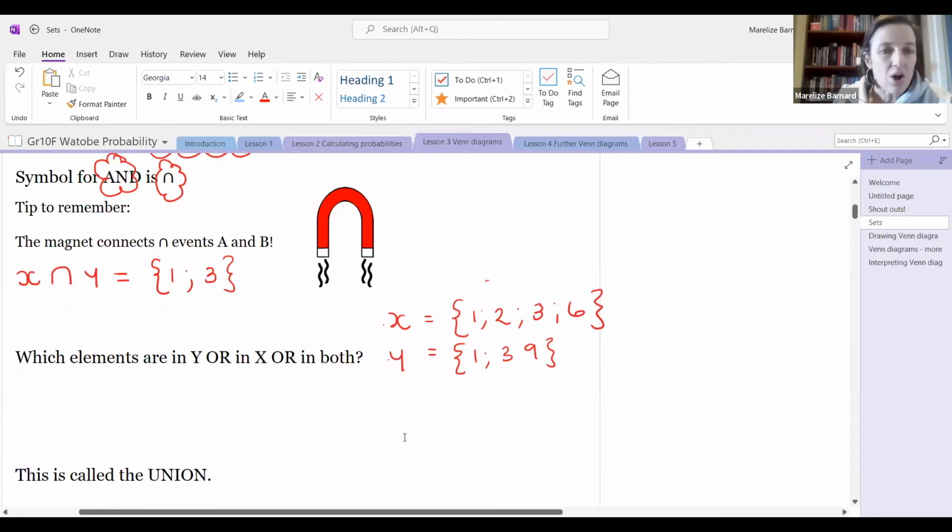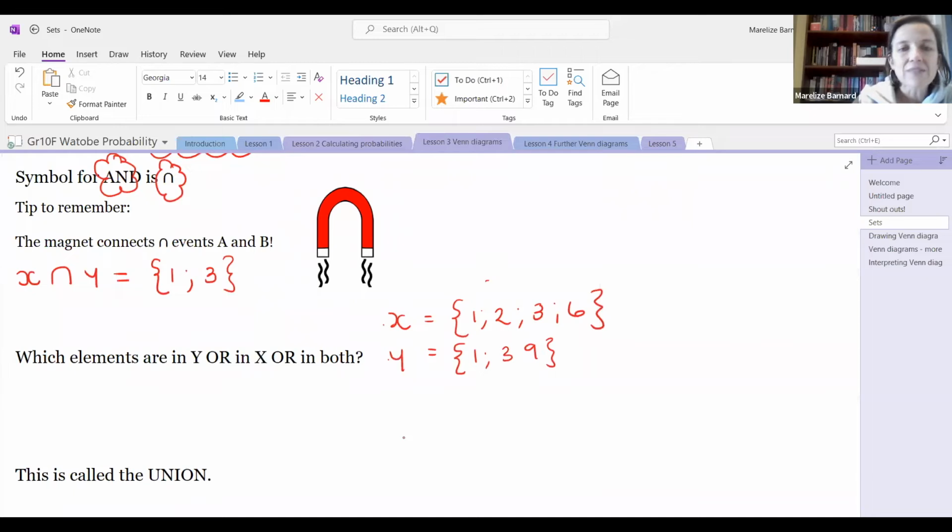Which elements are in Y, or in X, or in both? That really is everything that's in X or in Y. So I include everything from X and Y in it. So we can say it's 1, 2, 3, 6, and 9.